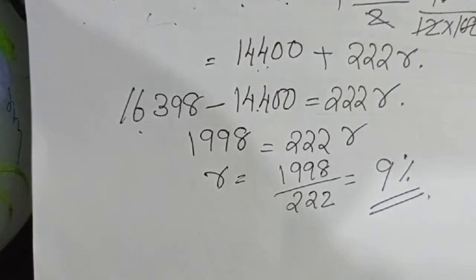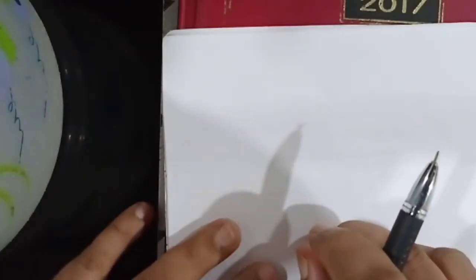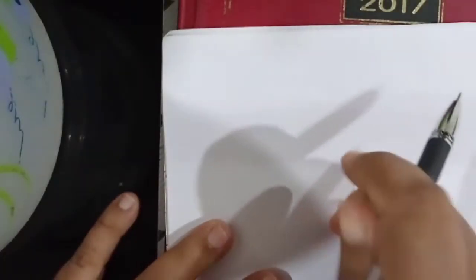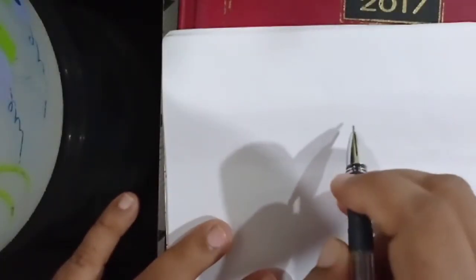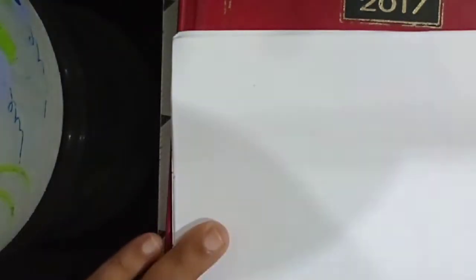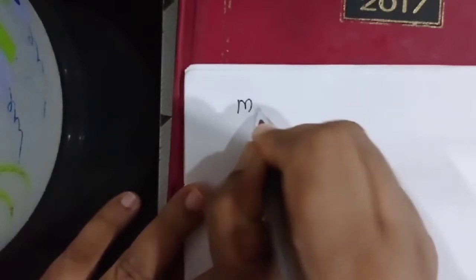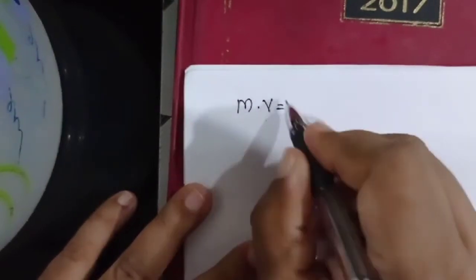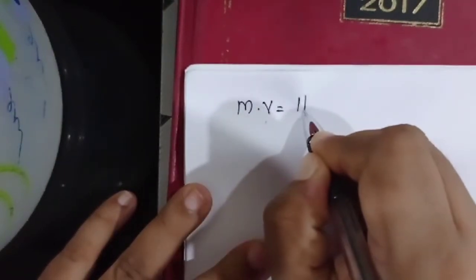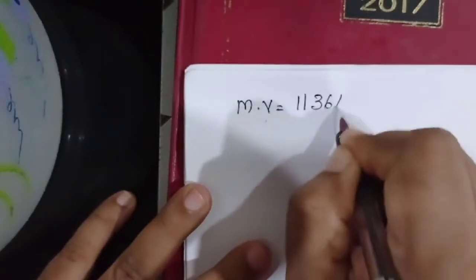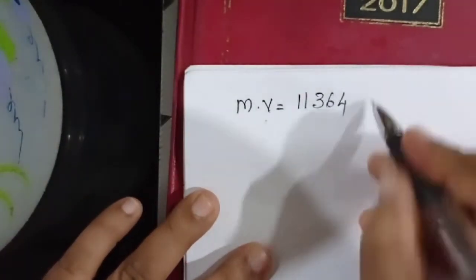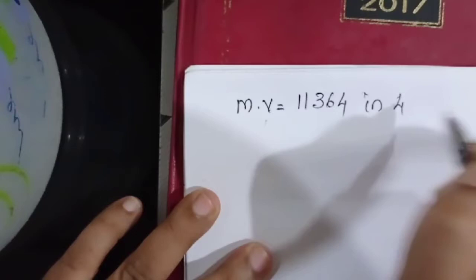Copy that. Write down the next question. The maturity value of a recurring deposit is 11,364 in 4 years.